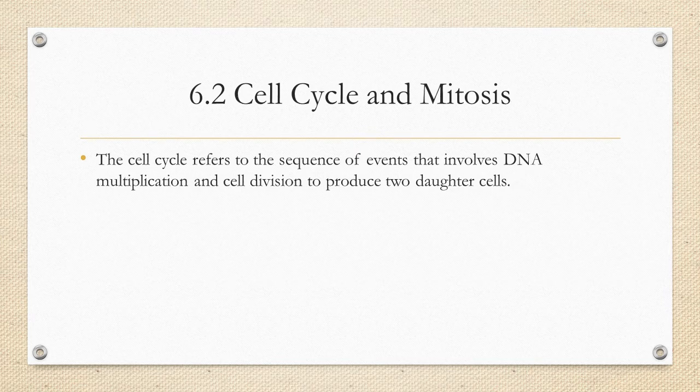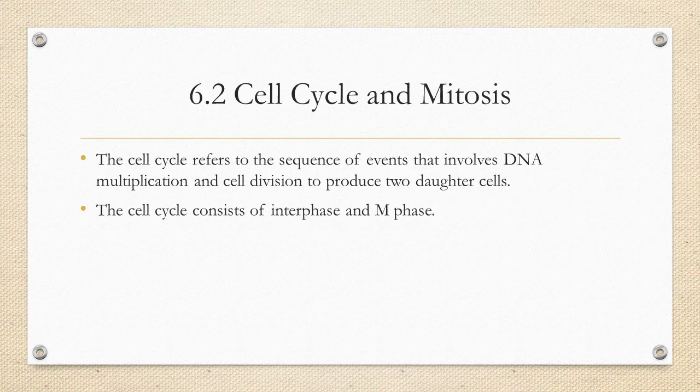So, the cell cycle. Now we go into more detail about mitosis. The cell cycle refers to the sequence of events that involve DNA multiplication and cell division to produce two daughter cells. The cell cycle consists of interphase and the M phase.